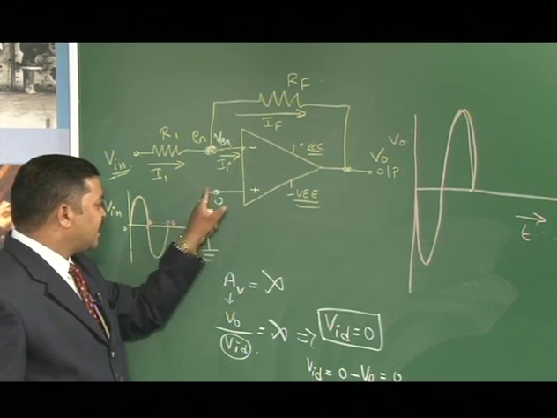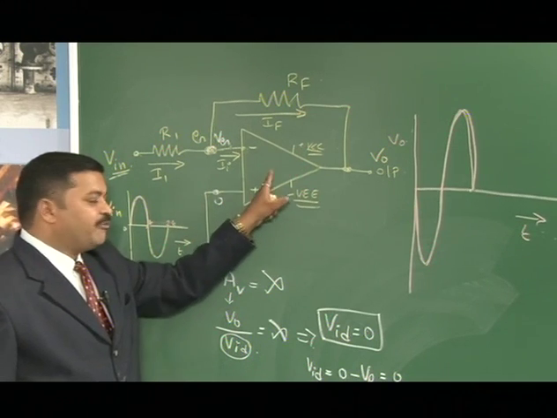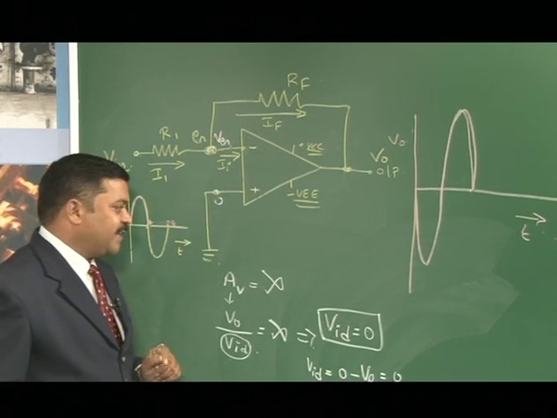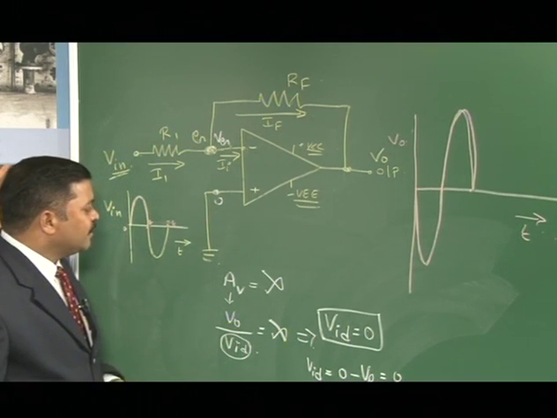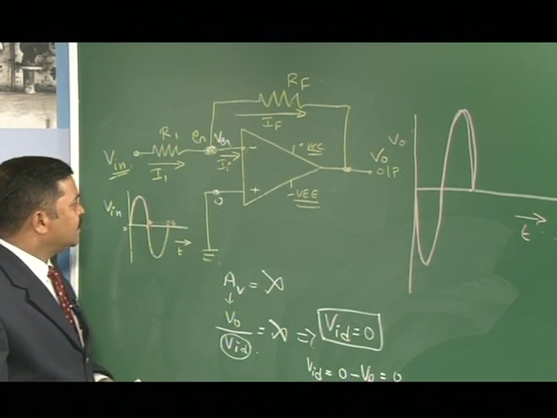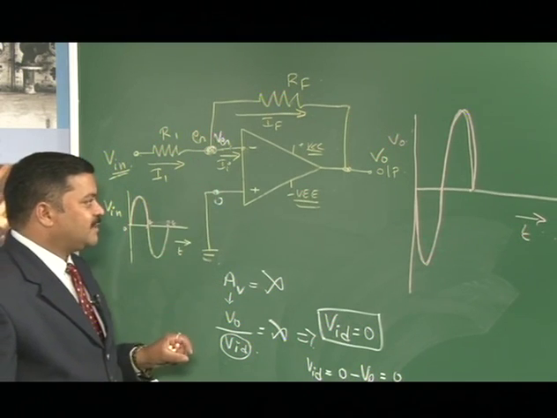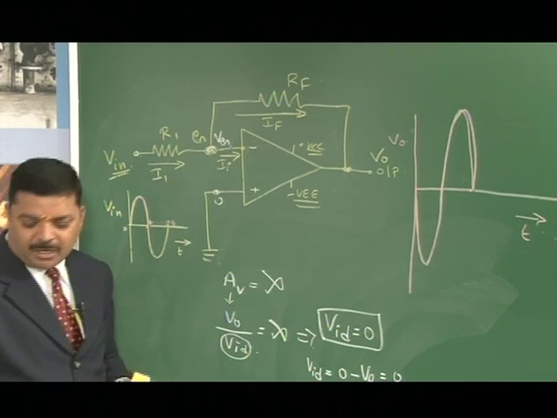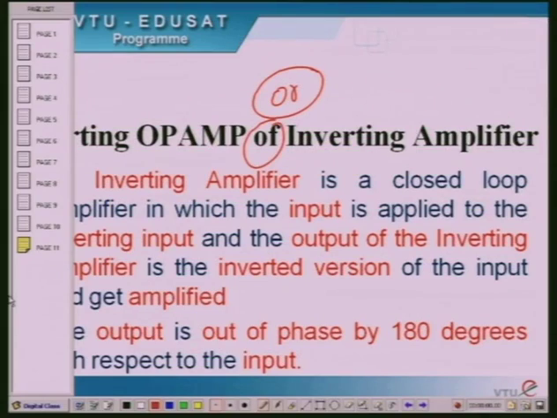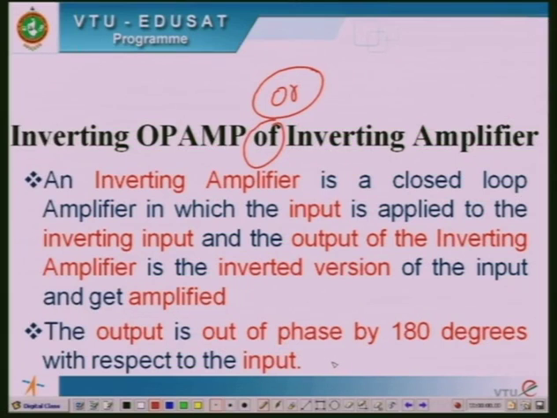The non-inverting terminal is grounded. The op-amp works in inverting mode of operation. So, with this we need to just jump on to how do we prove this works as an inverting amplifier. How to prove this circuit works as an inverting amplifier is the next question.